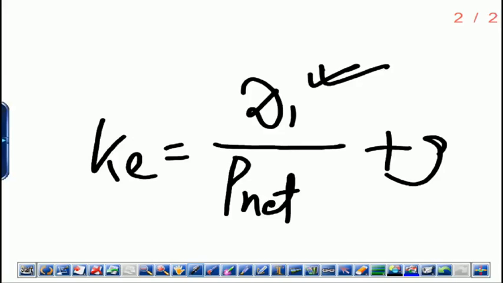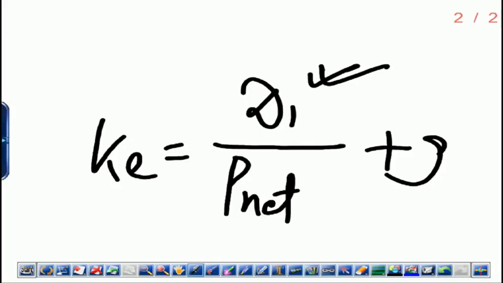Okay, I prefer that. If you take D1 as per share, not per ADR, in that case P net has to be per share amount. But if you take D1 as per ADR, in that case the P net will be into 2 because 1 ADR equals 2 shares. So how can somebody make a mistake? It's very logical over here, and growth rate will be given to you.